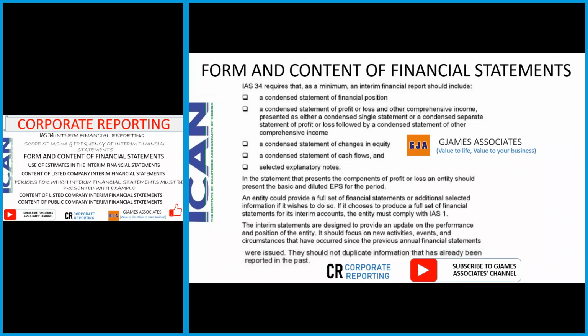So we move on to forms and content of interim financial statements.